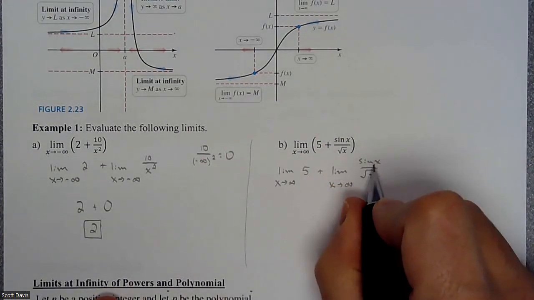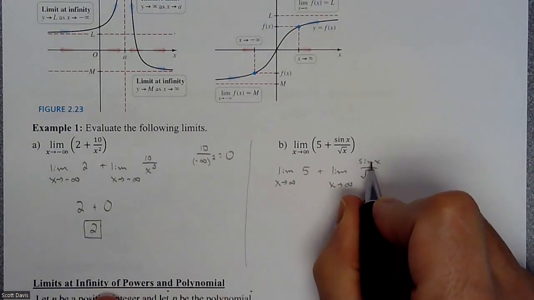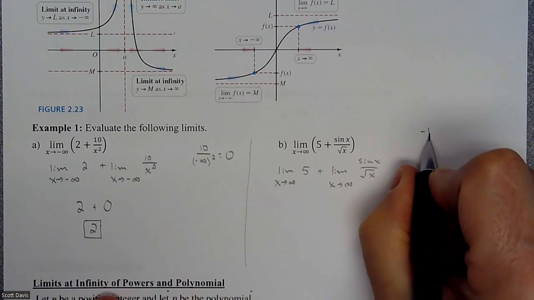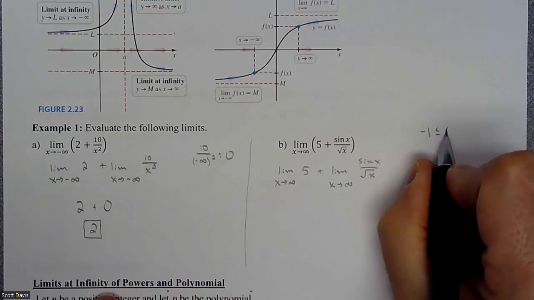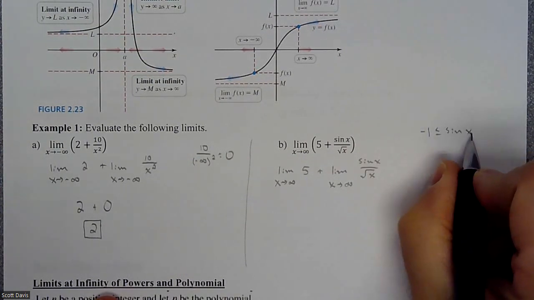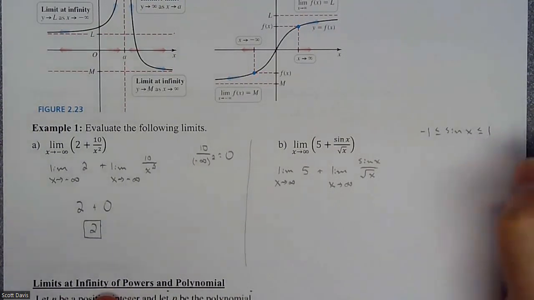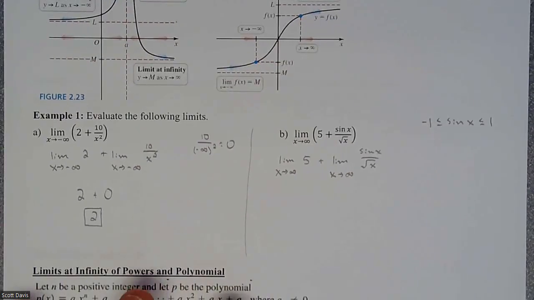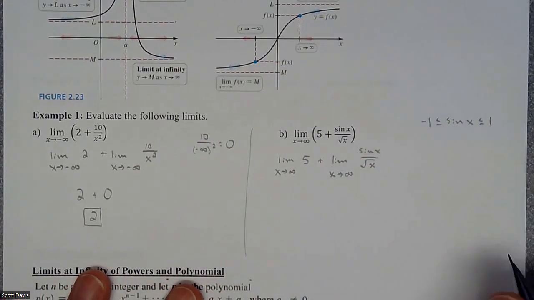If we take a look at the top, sine doesn't go to infinity. If you keep on plugging in values, it oscillates, and it's going to range between -1 and +1. So sine of x is going to range between -1 and +1. And so we're going to use the squeeze theorem to really justify the fact that I believe this thing is going to go to 0.